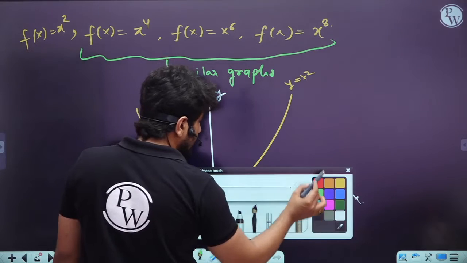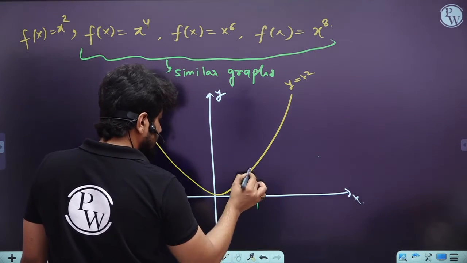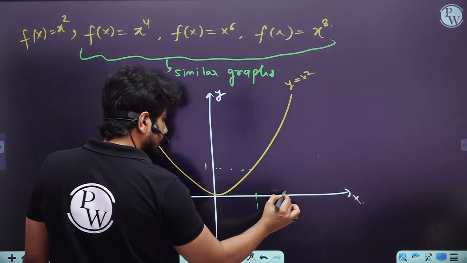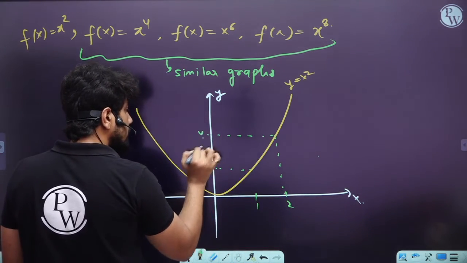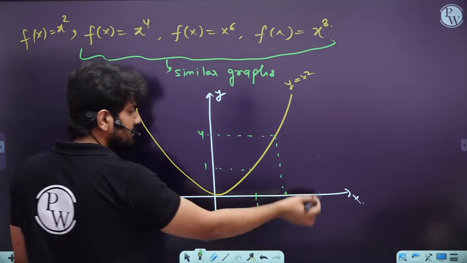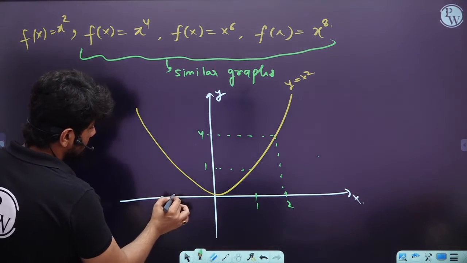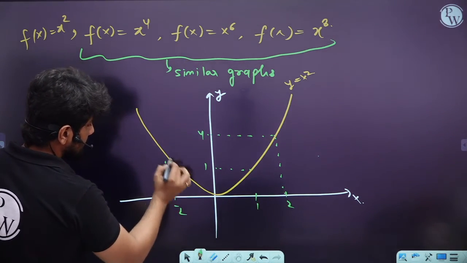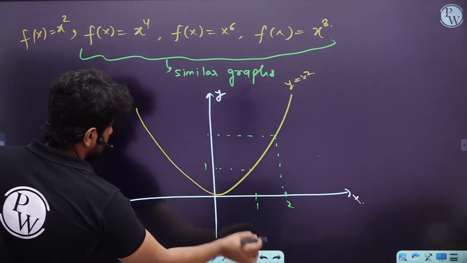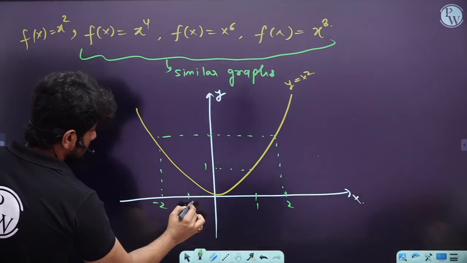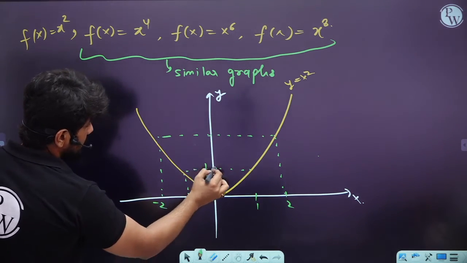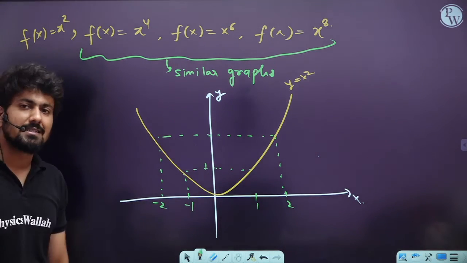At x is equal to 1, we are getting the value of y as 1, but at x is equal to 2, we are getting the value of y as 4. At x is equal to 3, we will get the value of y as 9, and so on. At minus 2 also, we are getting the same value of y. At minus 1, we are getting the value of y as 1. This is the graph of y is equal to x square.